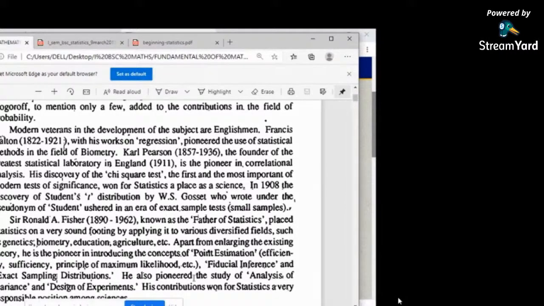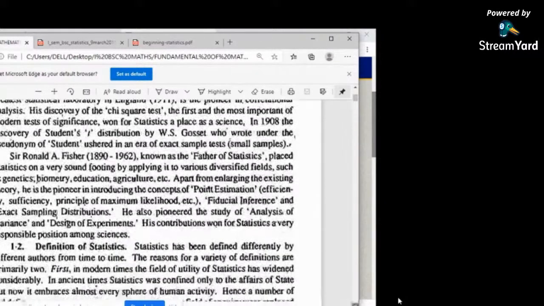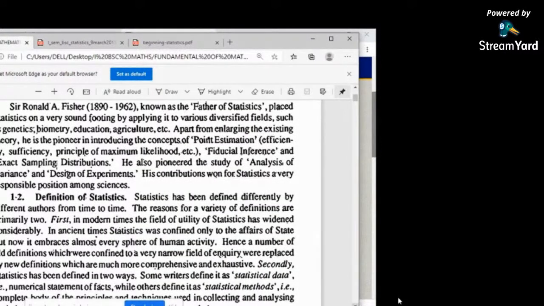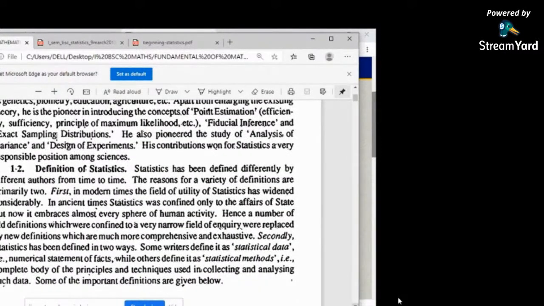So this is a brief history of statistics. Now we come to the formal definition. What is the definition of statistics? You can see several definitions.